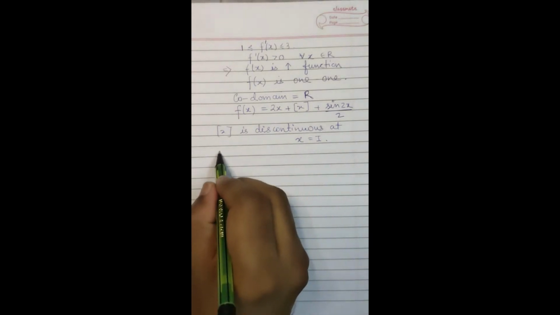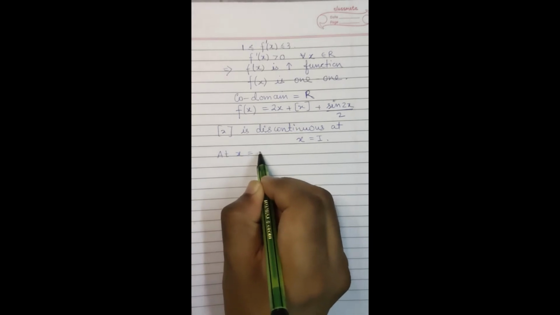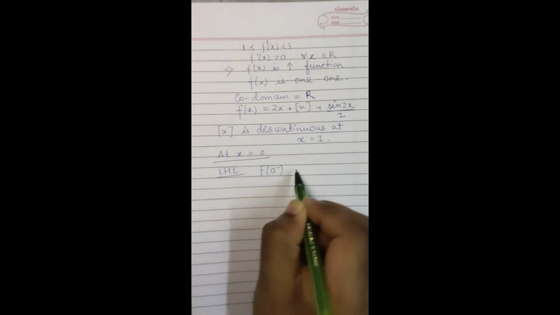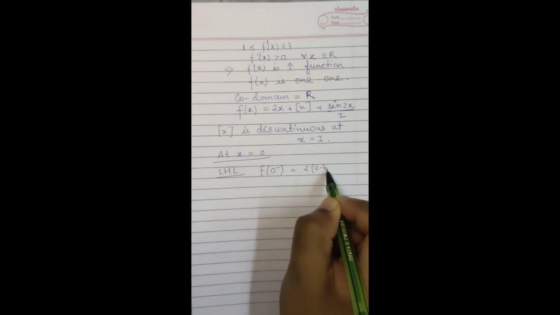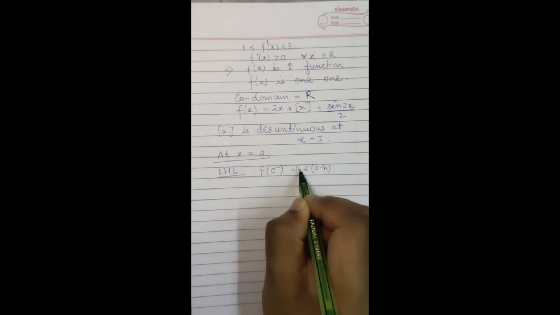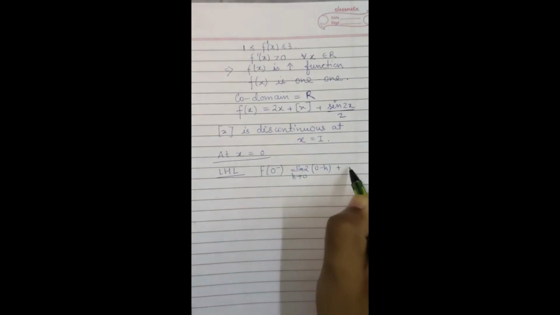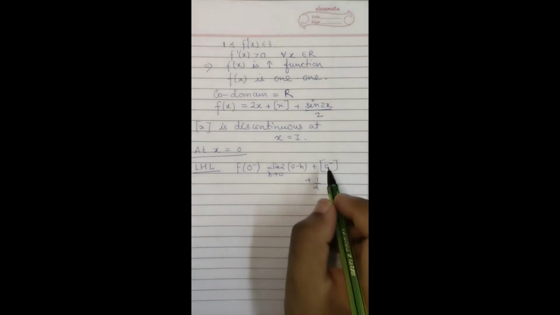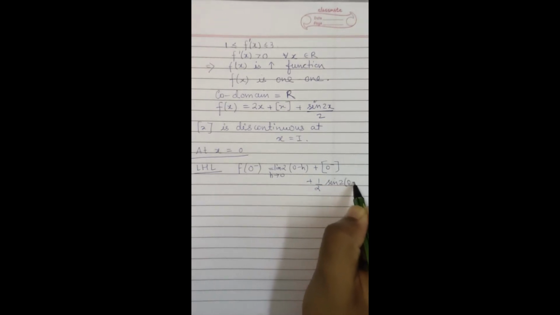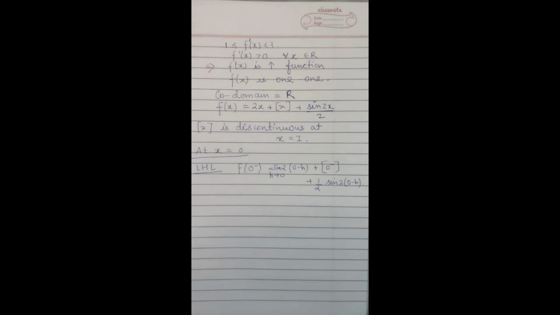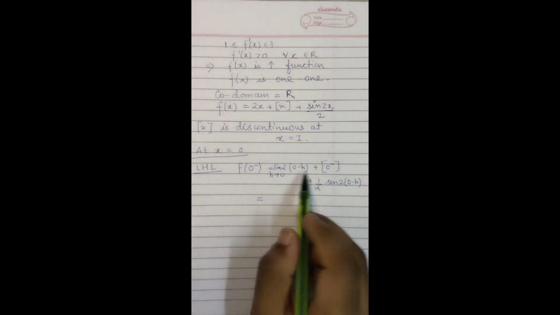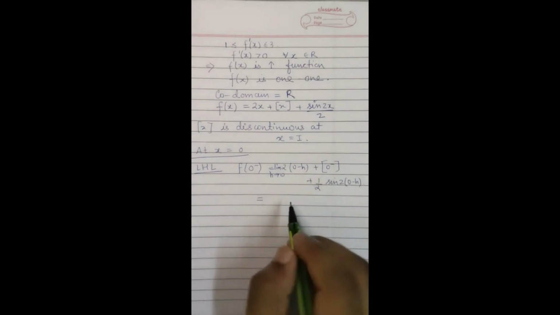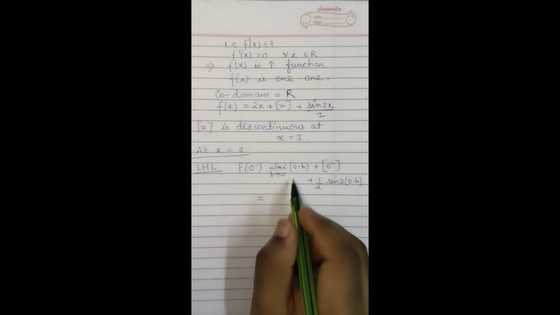So let us check at x = 0. The LHL will be f(0-) = limit h tends to 0+ of 2(0 - h) + [0 - h] + 1 by 2 sin 2(0 - h). Now 0 minus means a value between minus 1 and 0, so the greatest integer is minus 1, and 2 into (0 - h) will be 0.